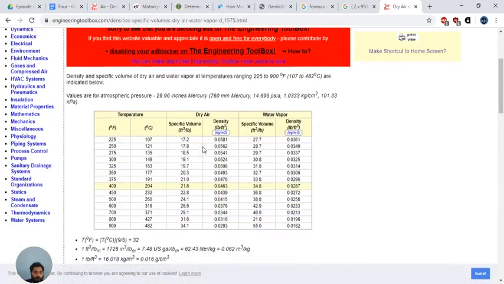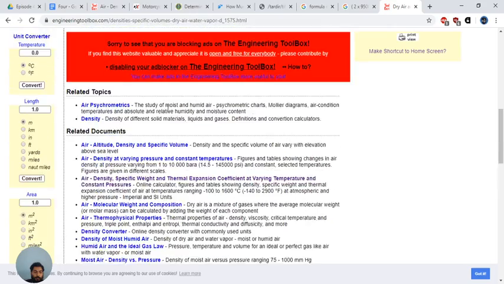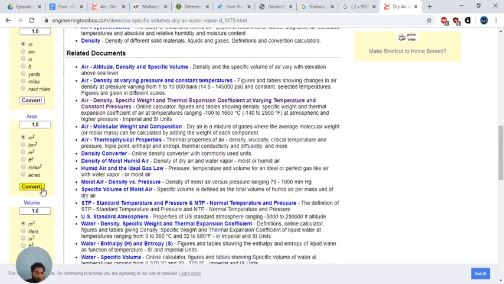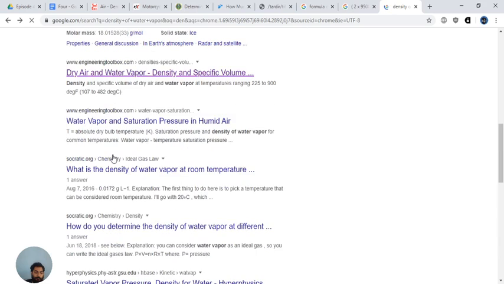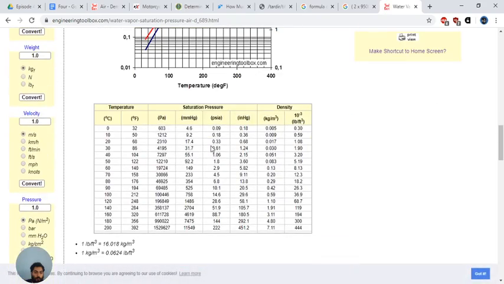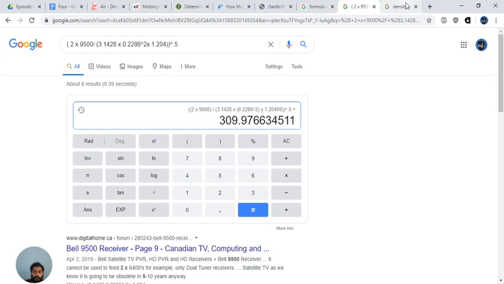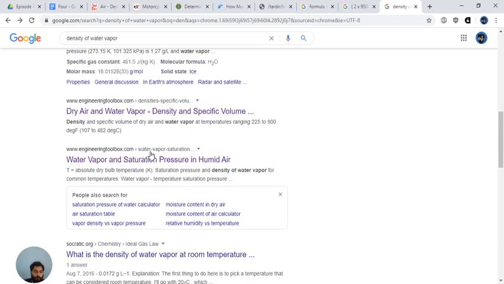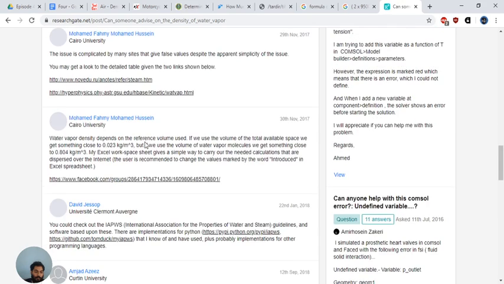I hate units. So if I use the density of water vapor instead of the density of air, the density of water vapor is indeed 958 if you really look at it.